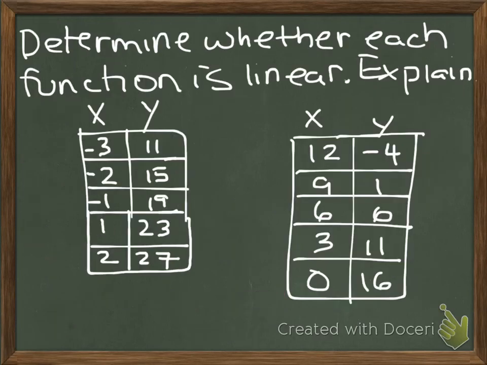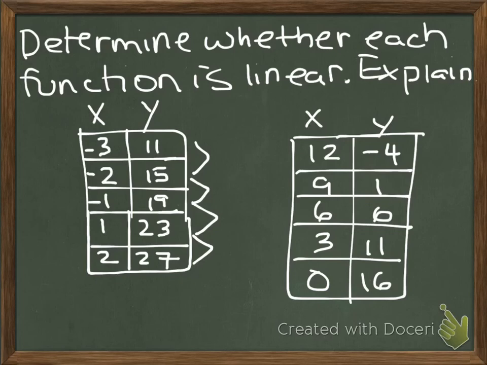In the last 2 problems, we need to determine whether each function is linear. So we're going to look at the table, and basically we're going to find the slope 4 different times. So I'm going to find the slope in between these 2 points, in between these 2 points, in between these 2 points, and in between these 2 points.